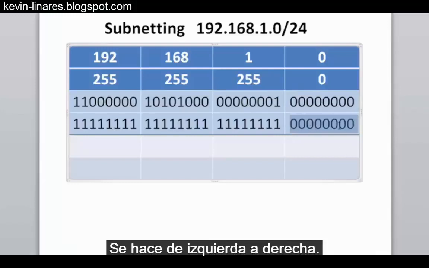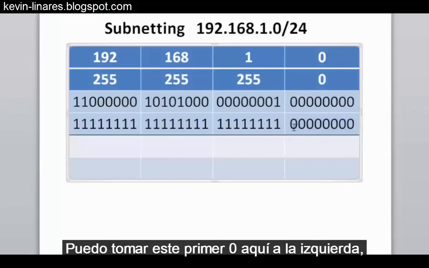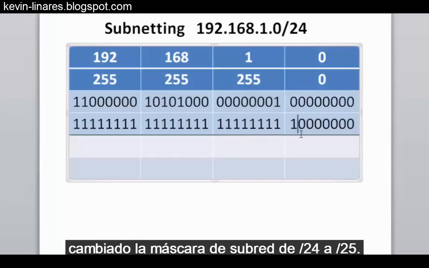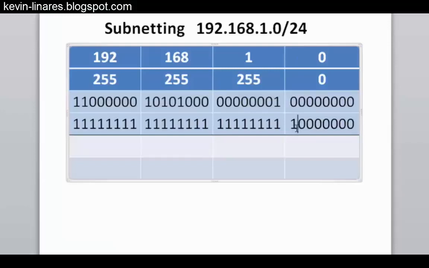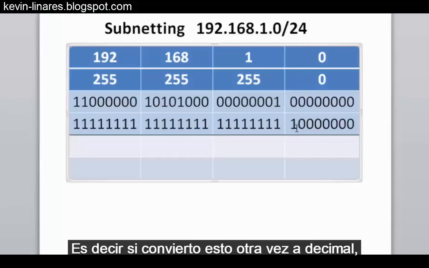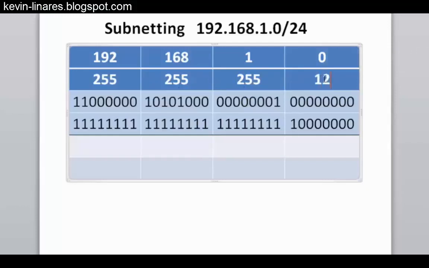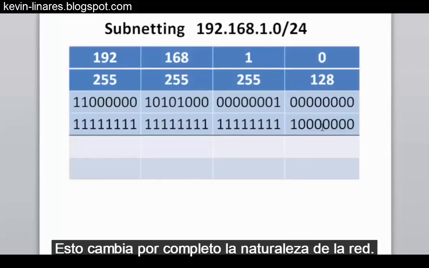This is done from left to right. So I could take this first 0 here on the left and change it to a 1. And now I've effectively changed the subnet mask from /24 to /25. If I convert this back to decimal, it's now 255.255.255.128.